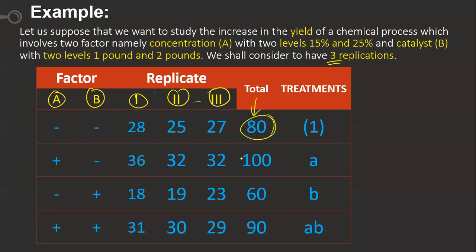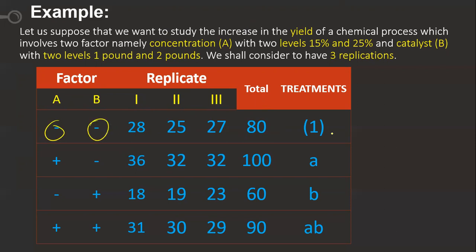He has got it. Okay, so now I want to write the Yates notation here. Now this is low and low, so it is denoted by 1. See, A is high, so it is denoted by a. Then B is high here, denoted by b. Then both are high values, that is ab. So what is the meaning of this?